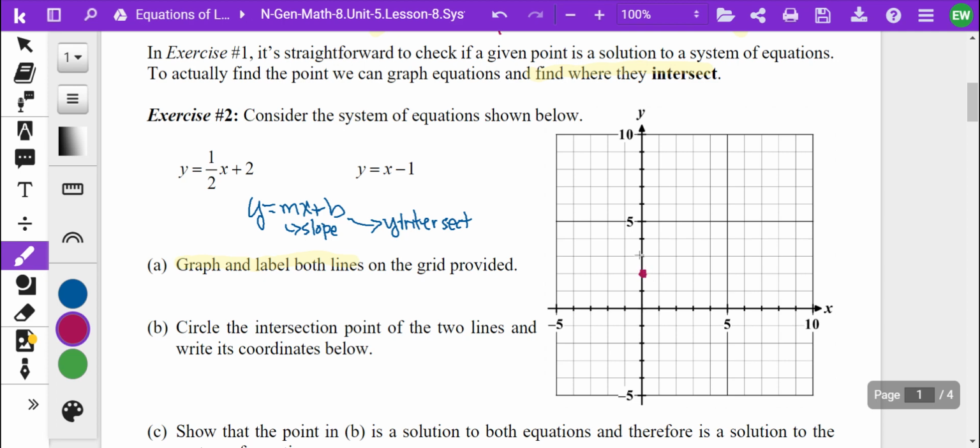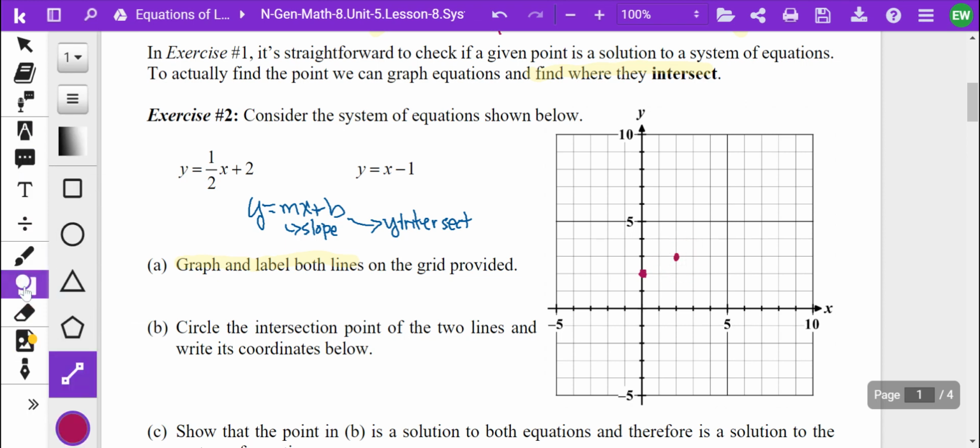So we rise 1 and then run 2. So we rise positive 1 and we run positive 2. And then now that we have 2 points, we can graph a line. There we go. That I think is about as accurate as I'm going to get.